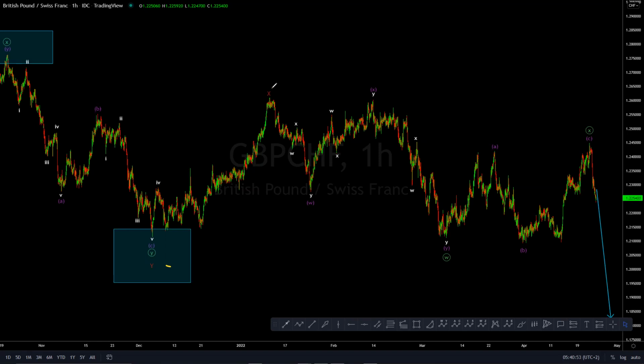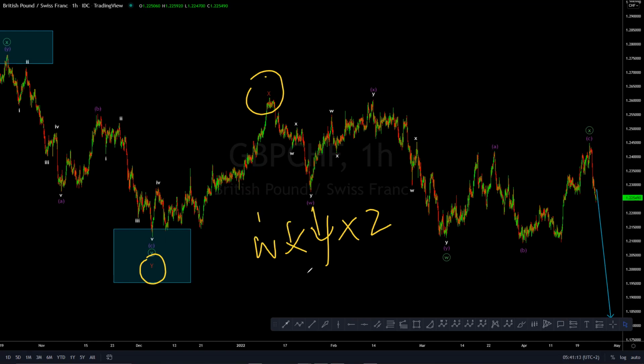Right, so from this peak here, and by the way, if we have an X after a Y, it means we're expecting 11 swings, W, X, Y, X, Z. Okay, so we have completed the first 7 swings, or a double correction.